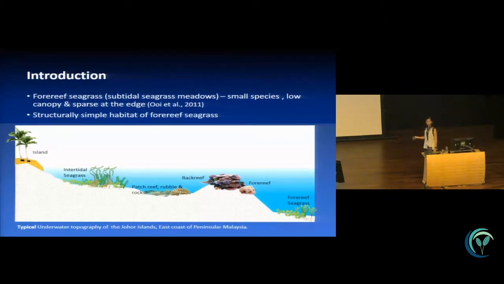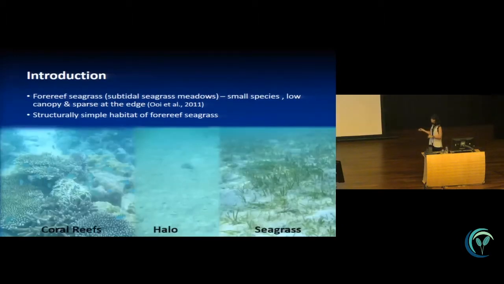They are normally on the deeper side, adjacent to the coral reef and clearly defined by this transitional zone, which is very bare sand, and then straight away you have the forereef seagrass here. This part is particularly interesting as well, because we don't know what caused this transitional zone, which is very clearly defined.